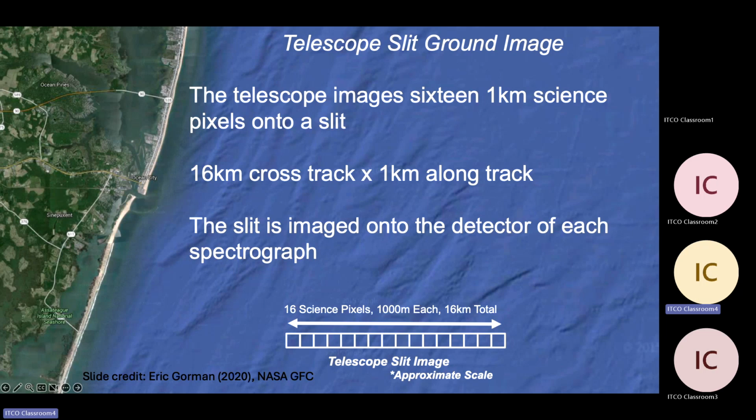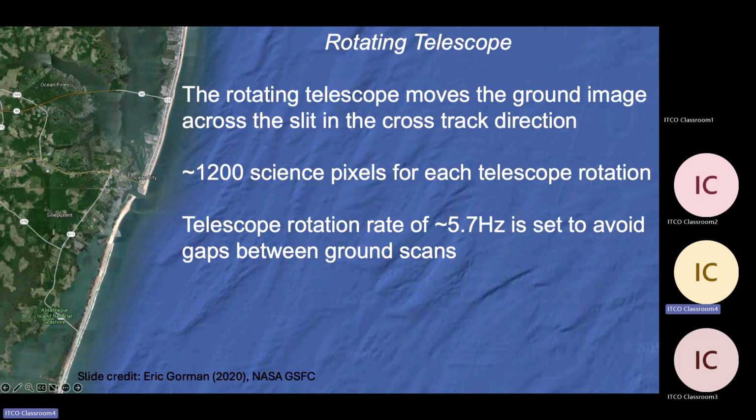The way they do this is with an approach called time delay integration. The detector actually sees 16 sites, so your 1 kilometer pixels are split up into 16 little pieces as it scans across. I'll show you the animation instead of trying to explain it.